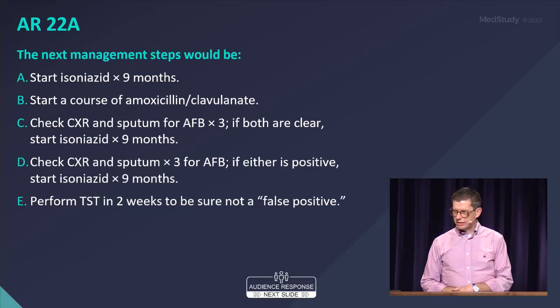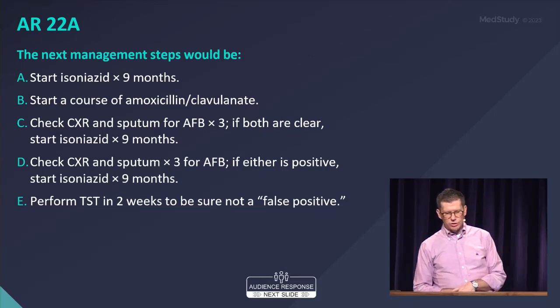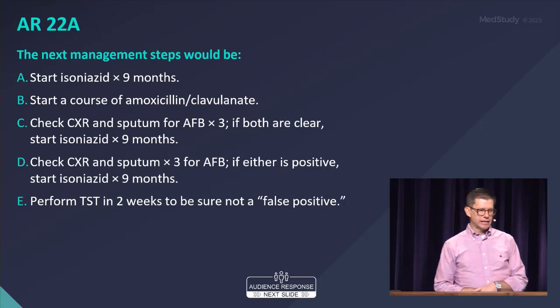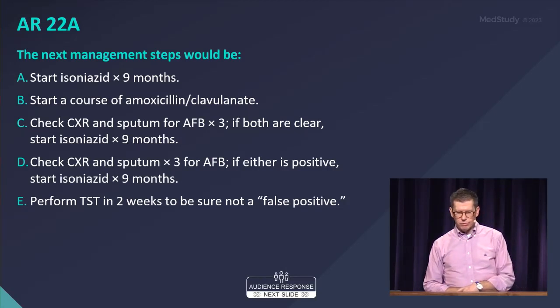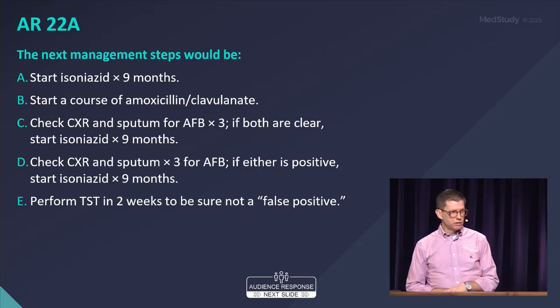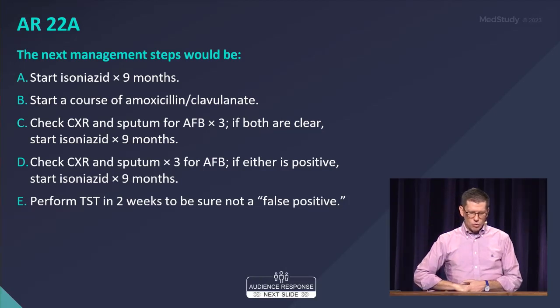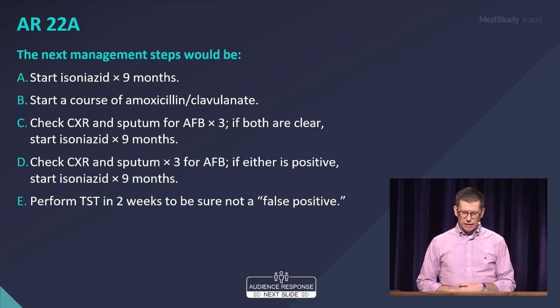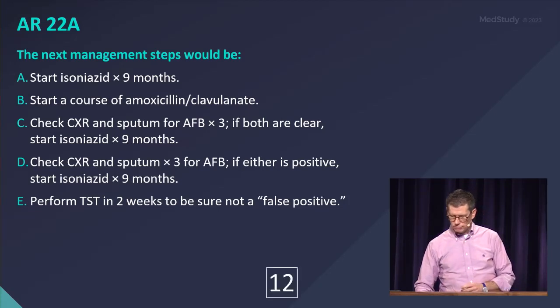B, start a course of amoxiclav. C, do a chest x-ray and sputum for AFB, acid-fast bacilli, times 3. If both are clear, start INH for 9 months. D, do a chest x-ray and sputum times 3 for AFB. If either is positive, you then do isoniazid for 9 months. Or E, perform a tuberculin skin test in 2 weeks to be sure that the T-spot was not a false positive.